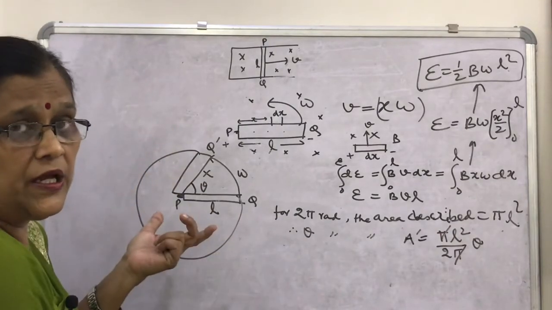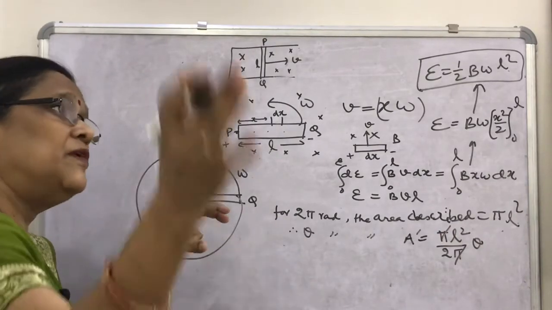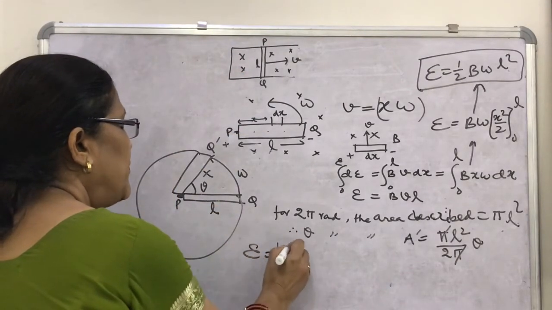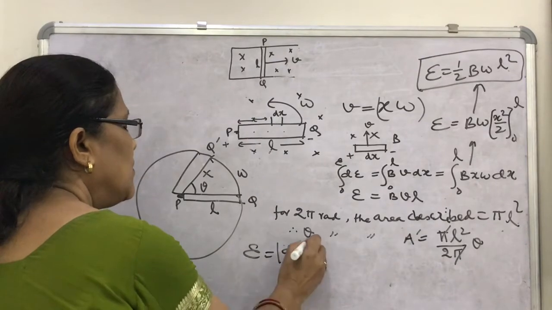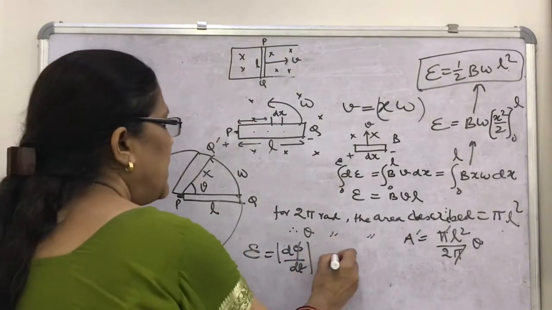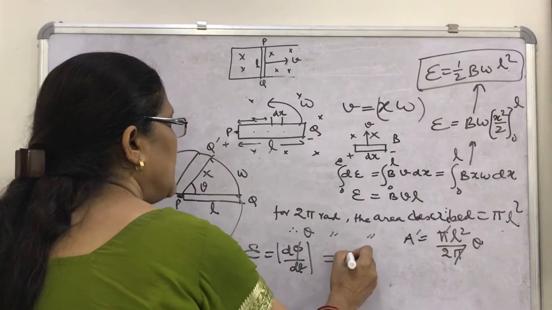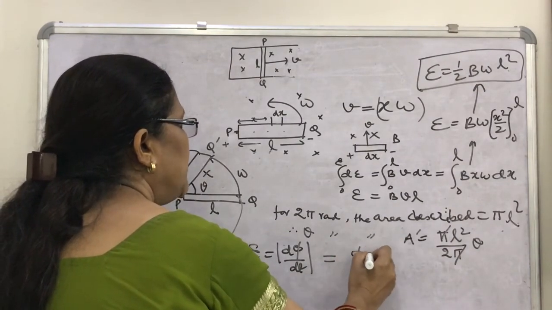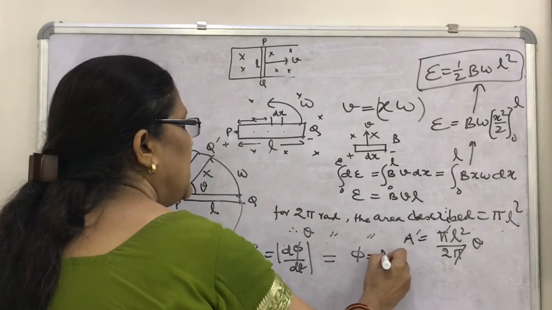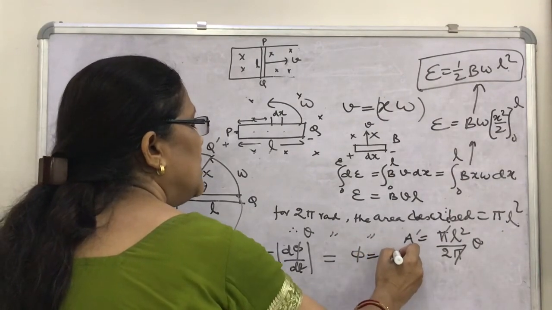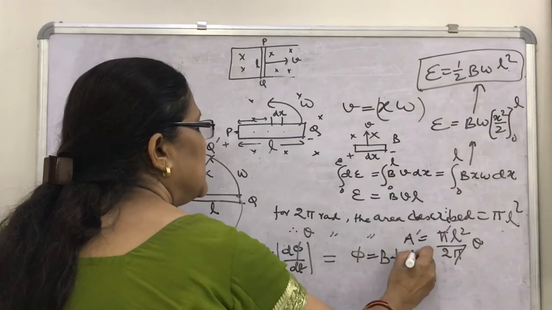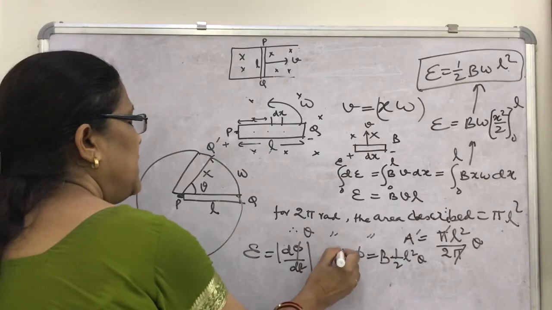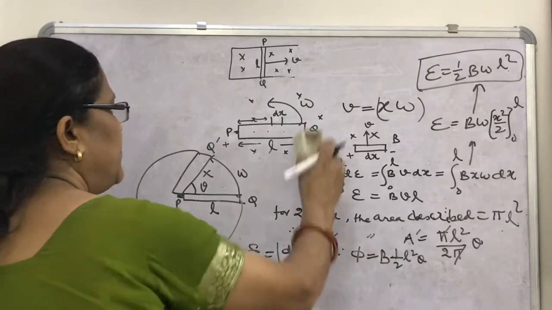What is EMF? In this topic, EMF is from Faraday's law. EMF is d phi by dt. We have read. What will you find here? This is phi. How will you write this d phi by dt? Phi is BA, so this is B into what? This half L square theta. So since phi is this, how will you find d phi by dt?